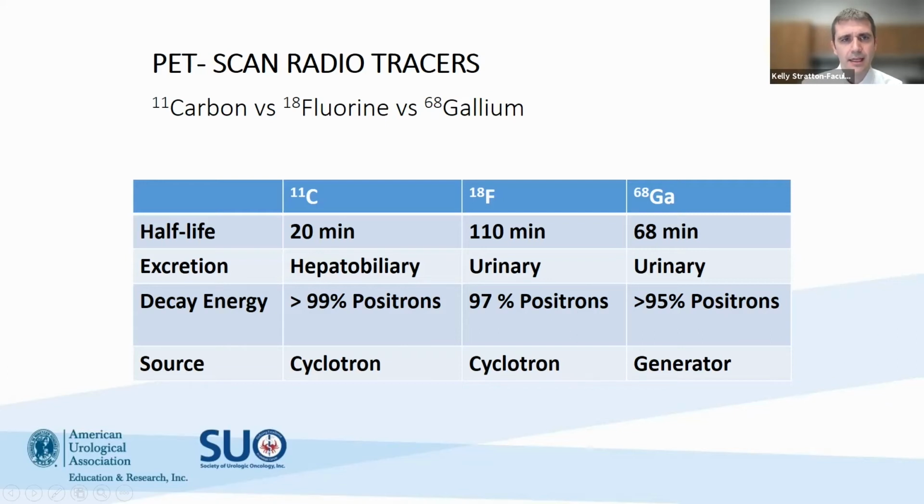For instance, carbon 11 has a 20-minute half-life and requires a cyclotron to develop, so it needs to be on site because of the short half-life. Whereas F18 has a 110-minute half-life and gallium has a 68-minute half-life. So these agents can sometimes be generated off-site and then taken to the imaging center.